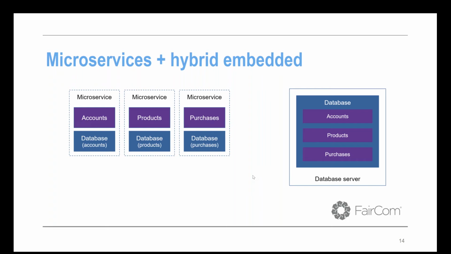There's no network, right? There's no overhead. There's no resource contention. Because they're local, they're probably actually cached in memory, right? Through either the OS page cache or some other approach. So it's going to be super, super fast. And then what we do is we have each of these embedded databases replicate to that central database server in the backend. And so we start to get a little bit of the best of all worlds here.